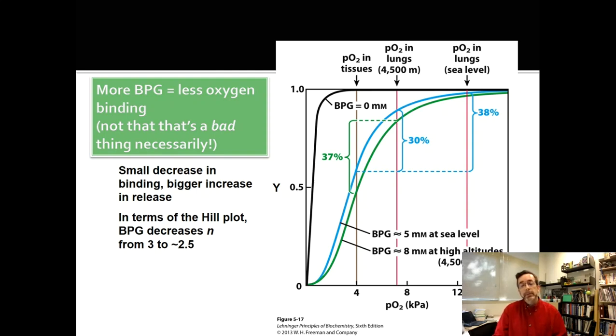What happens when you move to Denver from Seattle is that you raise the concentration of BPG in the blood, and so the BPG goes up over a couple of days from 5 millimolar to 8 millimolar. The binding curve for hemoglobin goes up as well. I say it goes up, technically it goes down, because the more BPG you have, the lower the binding curve. Now, this is where you might think it's a little bit weird, because technically you are reducing hemoglobin's affinity.